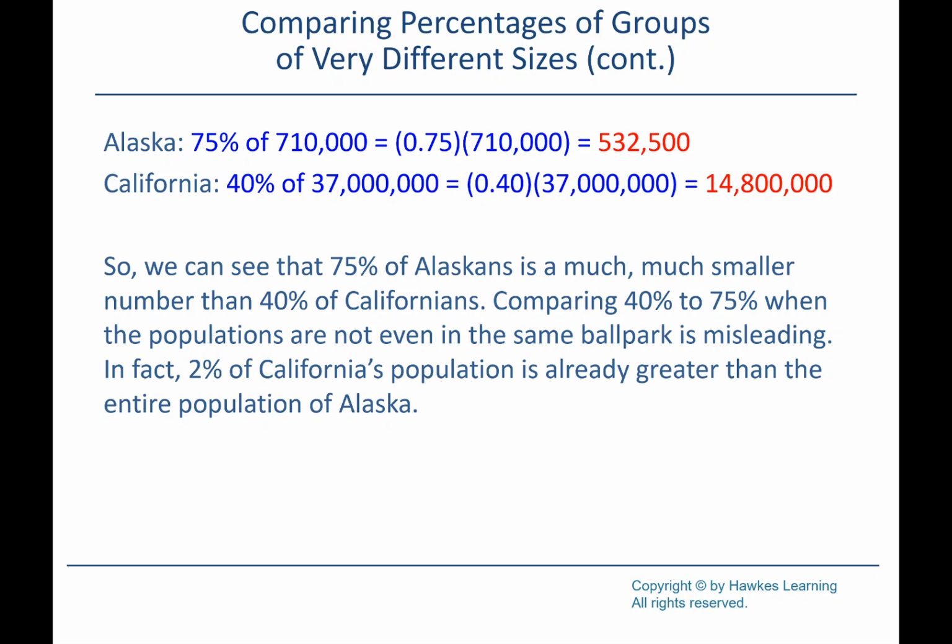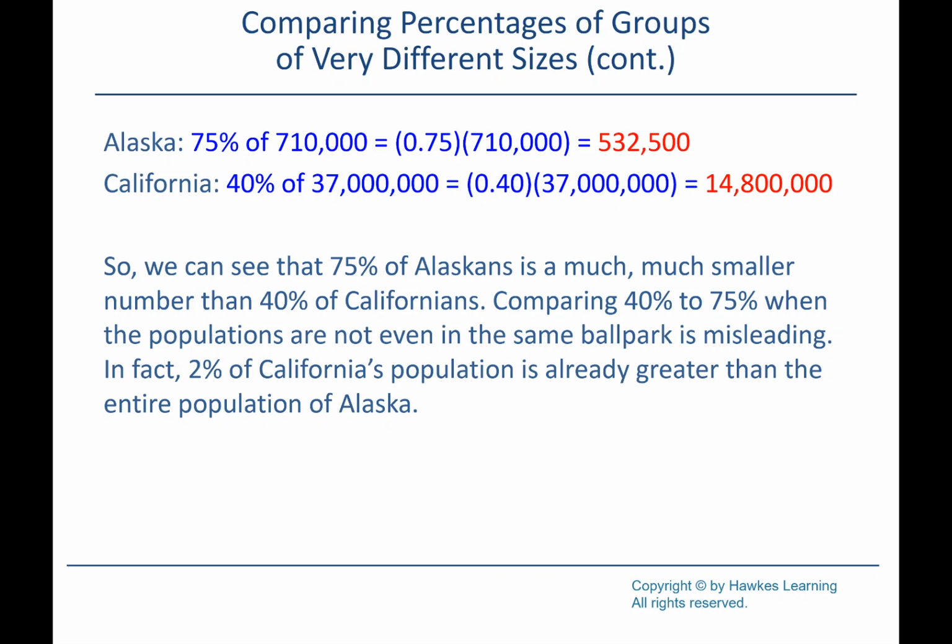So even though the percentage was higher in Alaska and smaller in California, the actual number of people that were in favor of free skis for whatever reason was way bigger in California. So percentages can be misleading.